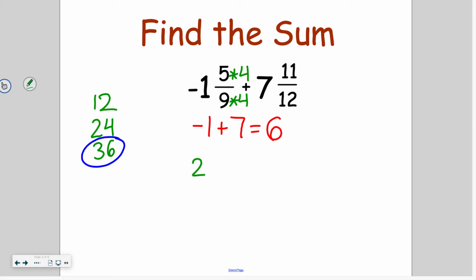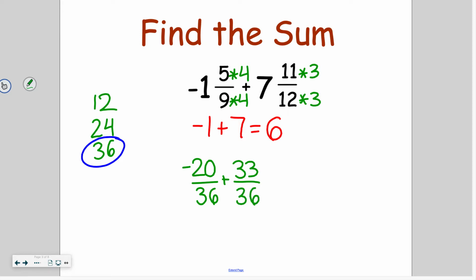So that gives us -20, remembering our negative sign because it's a negative mixed number, over 36. Plus, to get 12 to turn into 36, we need to multiply by 3. So numerator and denominator both get multiplied by 3, giving me 33 over 36.